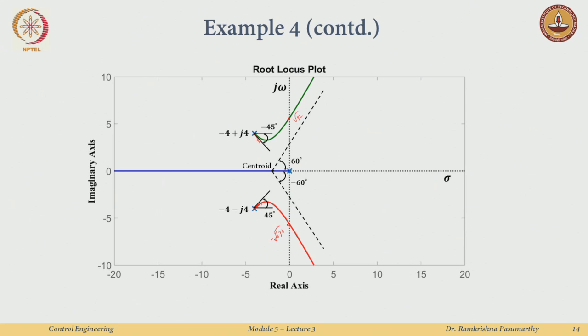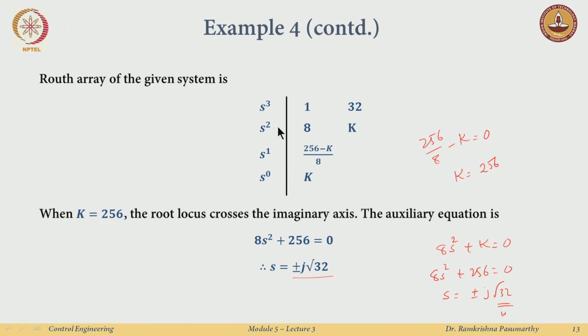So, if I now want to have a problem where I say, well, what are the values of gain K for which a system is stable? I will say, well, for values of gain K between 0 and 256, my system is stable, and for all other values it might go to the unstable region. So, I have a bit better understanding now of the relative stability in terms of the gain K.